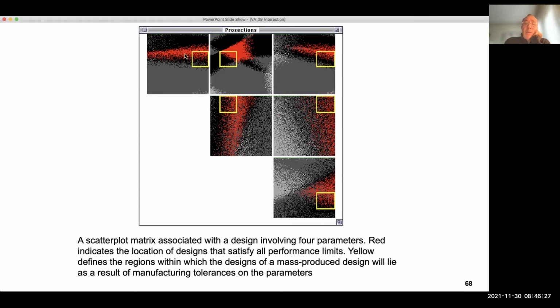Here in red, which in my opinion is not the best color, are the points satisfying all the performance limits. I should have used green for that, not red. However, here red means good.